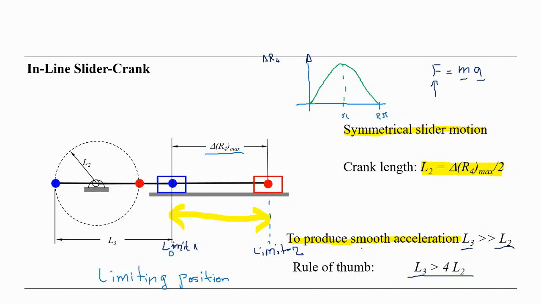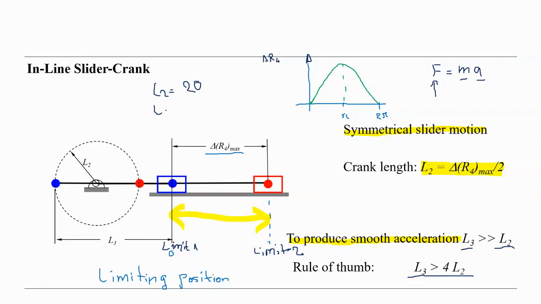Let's assume I calculate L2, let's say 2. Then 4 times 2 is 8. So that means L2 is equal to 20 millimeters.